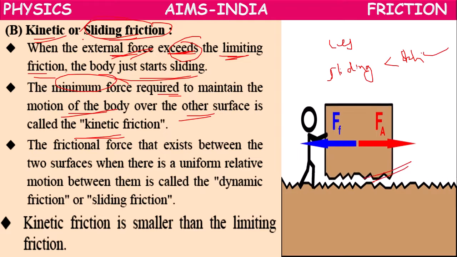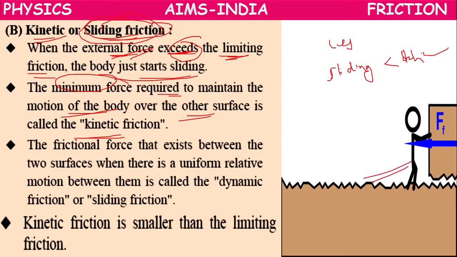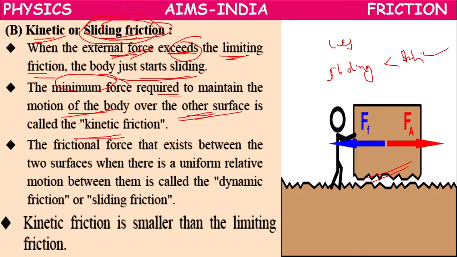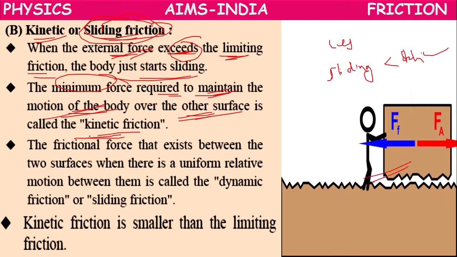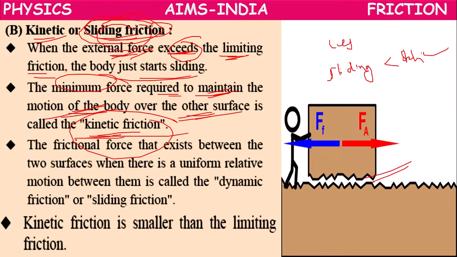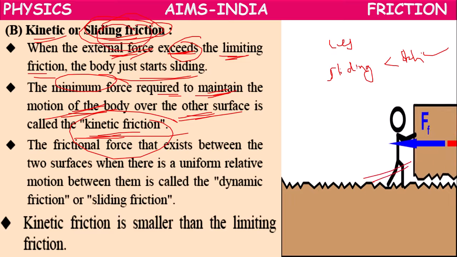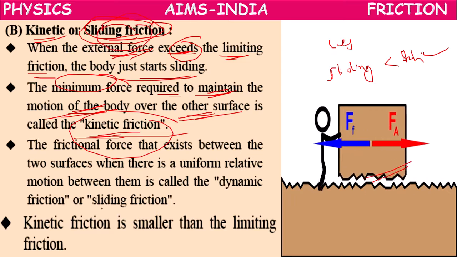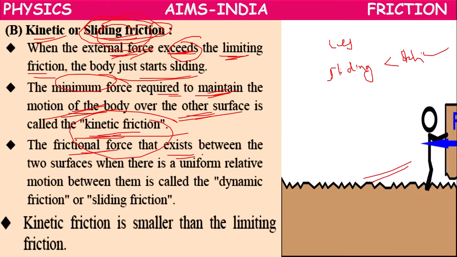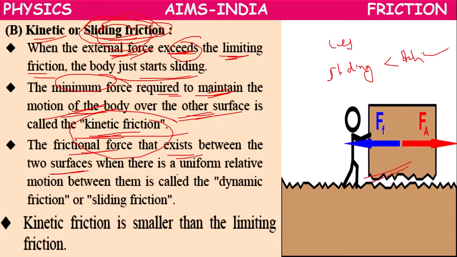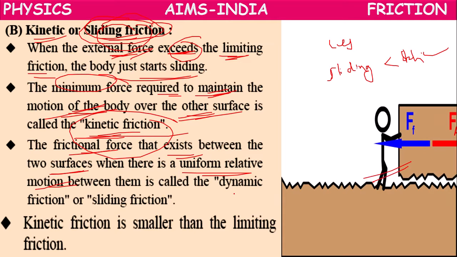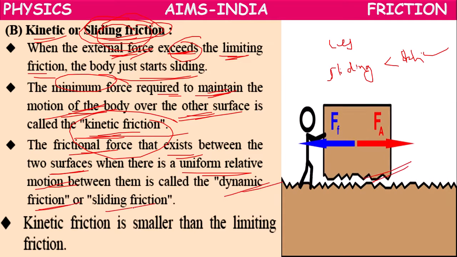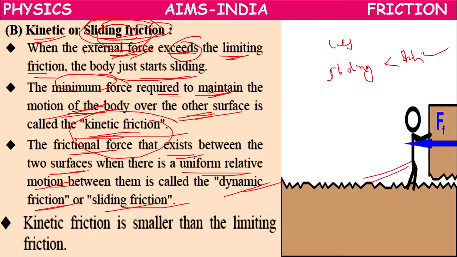So the force required to keep it in continuous motion is called kinetic friction or sliding friction. It is the frictional force that exists between two surfaces when they are in uniform relative motion, also called dynamic friction, sliding friction or kinetic friction.